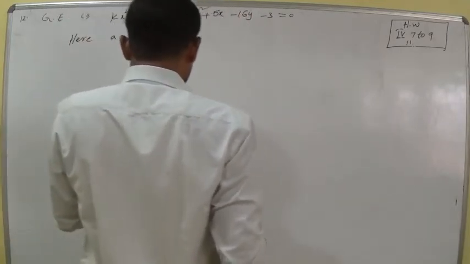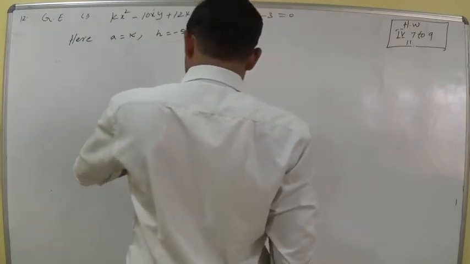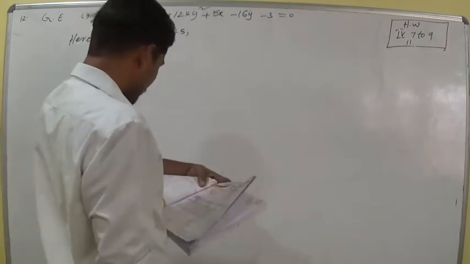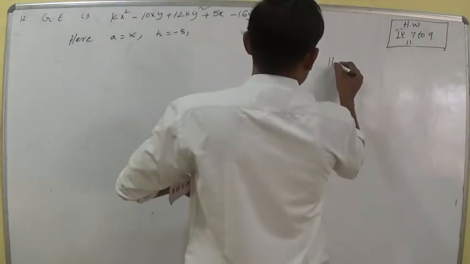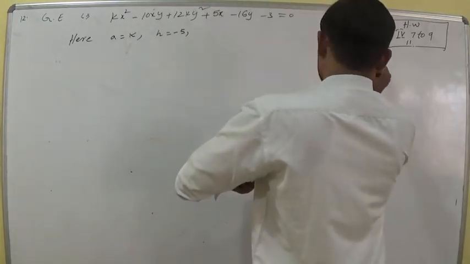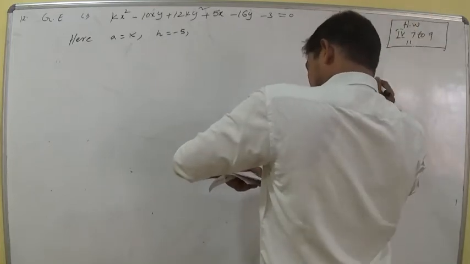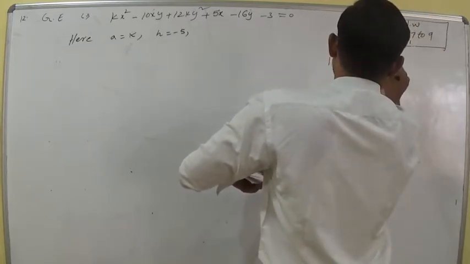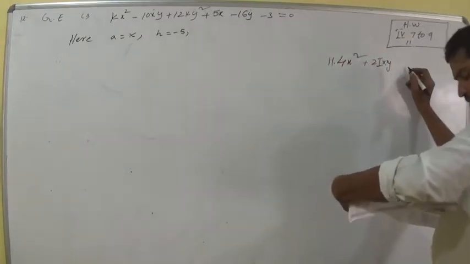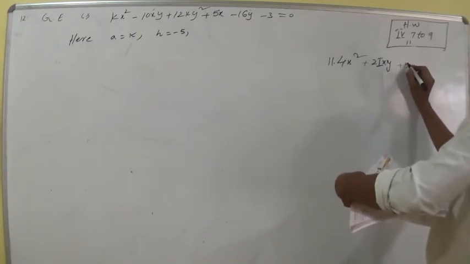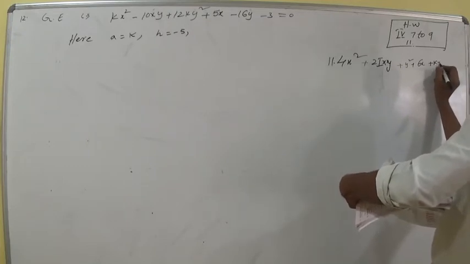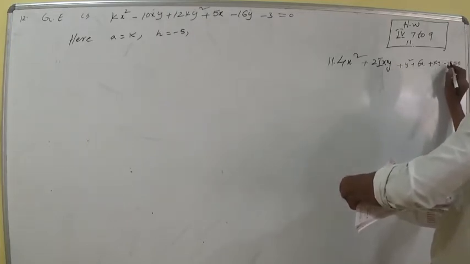And in the 11th problem also we have a mistake. Make it correct: 4x square plus 2ixy plus y square plus 6x plus ky minus 10 is equal to 0, right?